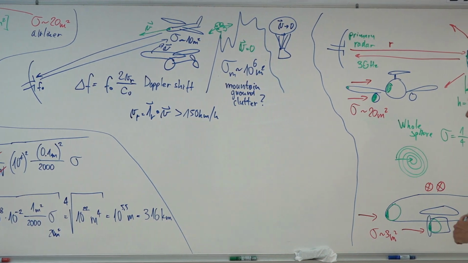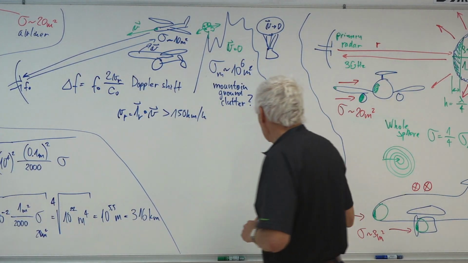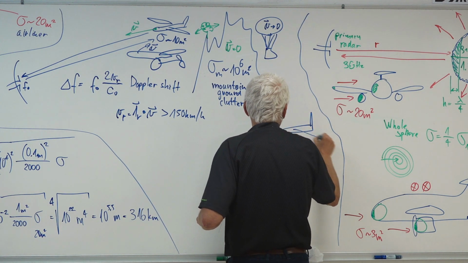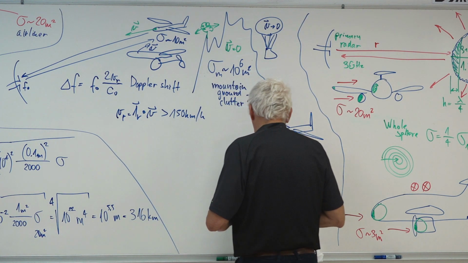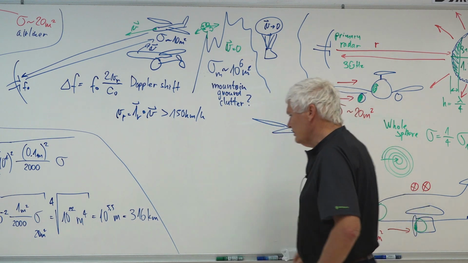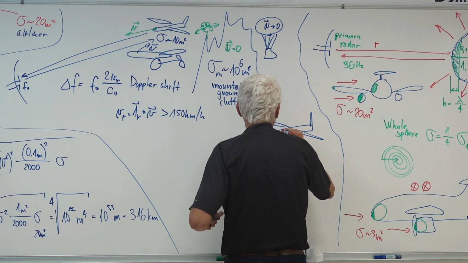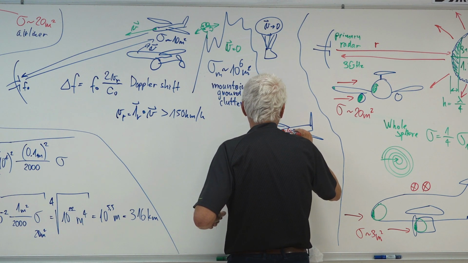So what is actually done with civilian aircraft is that you have cooperating targets, that have on board both a radar receiver and a transmitter.